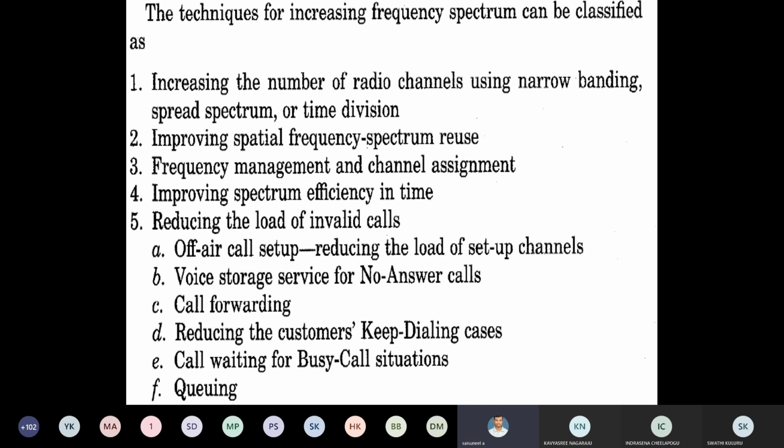Instead of using high wideband channels, we divide into channels of less bandwidth. Then automatically the number of channels increases, and we allocate these channels to customers. So the first one is increasing the number of radio channels by using narrow banding instead of wide banding.